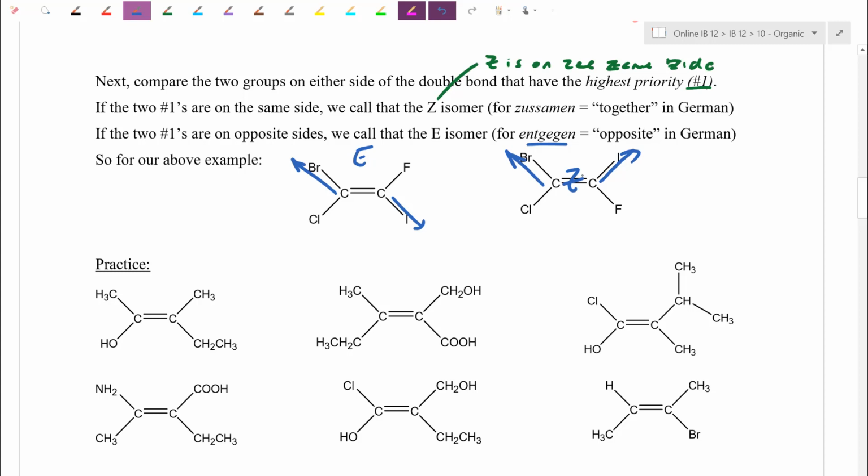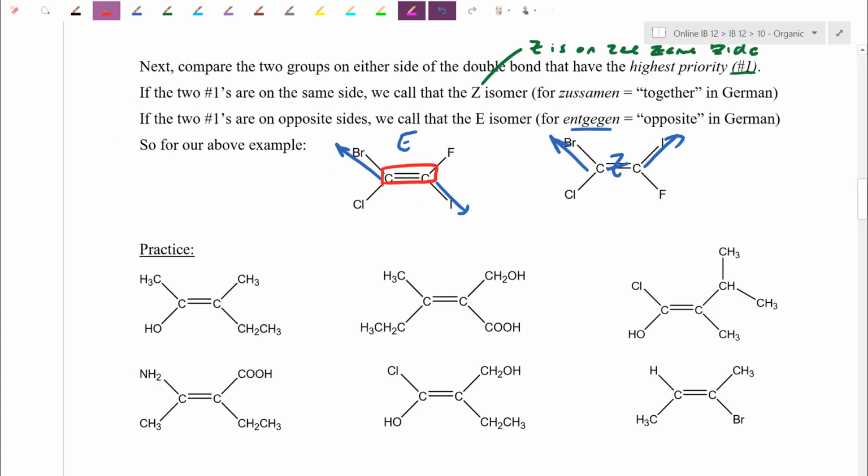And remember, this lettering comes before the name. If I were to name this one, we're still a 2-carbon parent, so it's going to be ethane. It just has a few different substituents. We need to alphabetize them. Let's start off with bromo, say 1 and 2. So this is 1-bromo, 1-chloro, 2-fluoro, 2-iodo ethane.